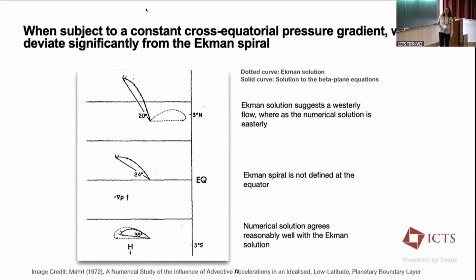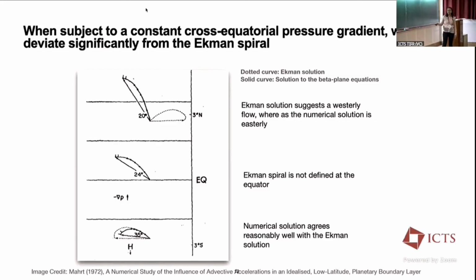Then they've plotted the boundary layer winds at multiple locations along the latitude. You have one at 3 degrees south, so the flow hasn't really crossed the equator. They've plotted it in terms of the Ekman spiral. The dotted spiral is the analytical solution, and the solid one is the numerical solution.